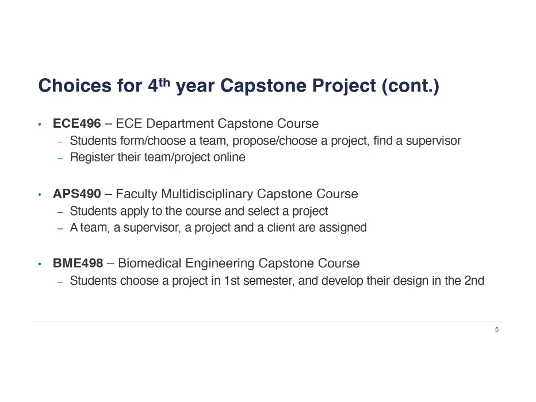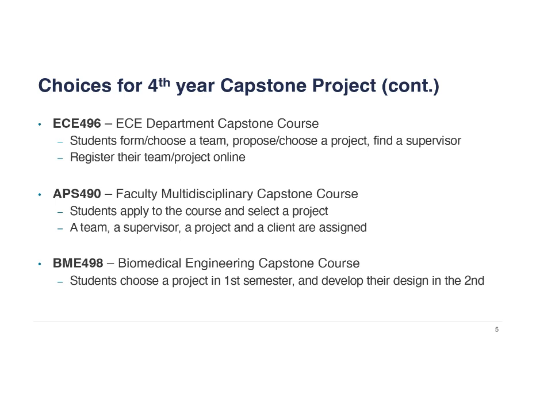In terms of the setup, for 496, the students form and choose a team. They propose and choose a project, and they find a supervisor. And then there's an online system which supports the entire course, everything from the registration of your team all the way to all the reports and the evaluations.